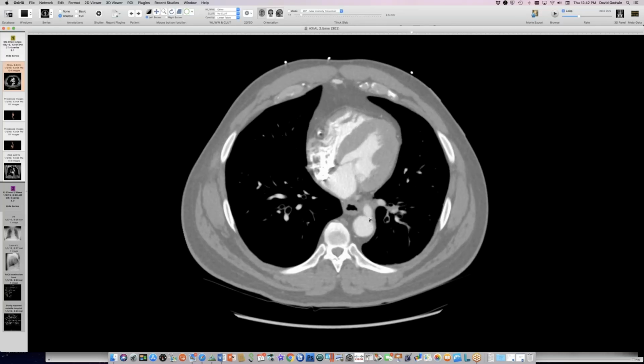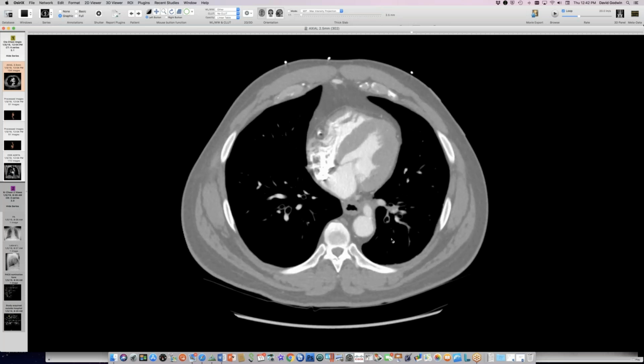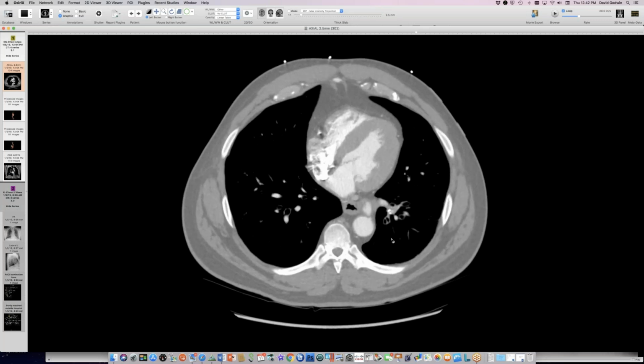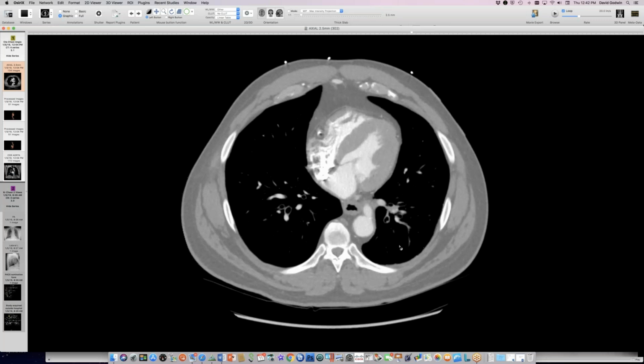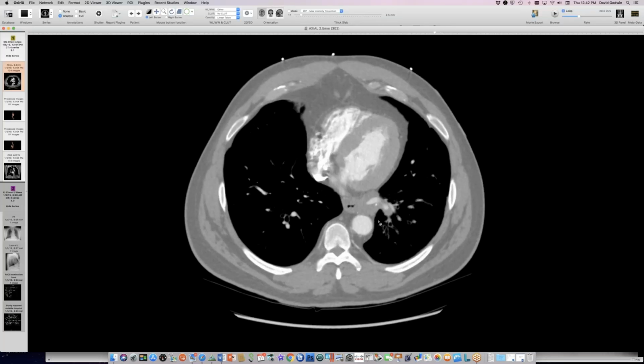Just a tiny little dot. But what we observed way back in the 80s when we first saw sequestrations on CT was that it's not unusual to have premature calcification of the systemic artery that's going to the lung lesion. When you showed that, I thought, cool. That could be hard to say. It's so small.